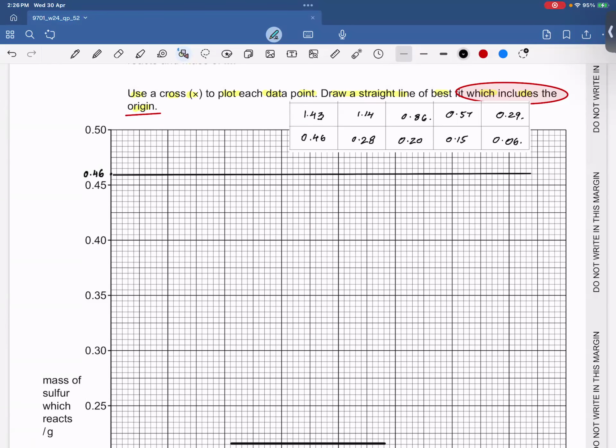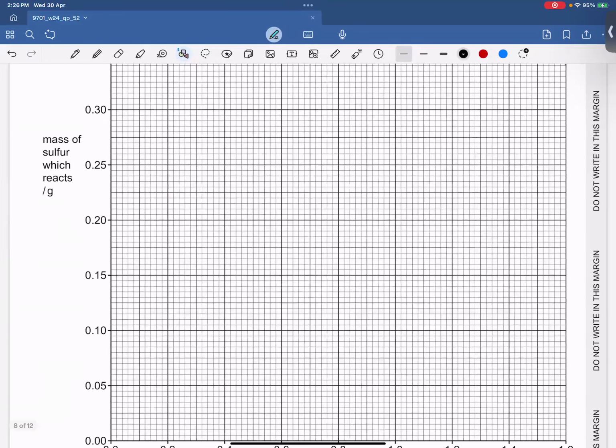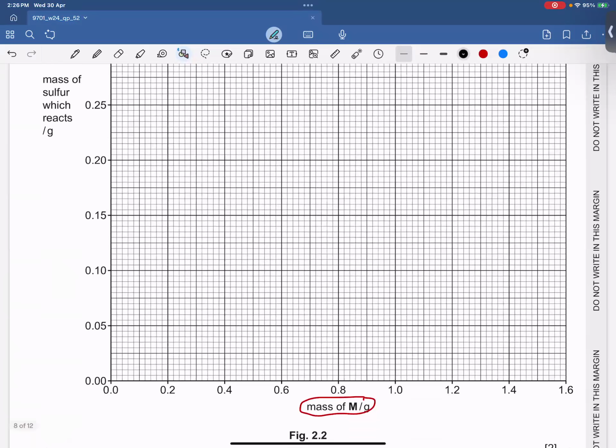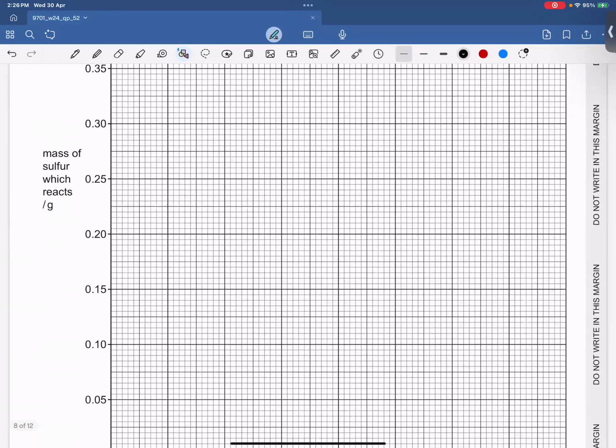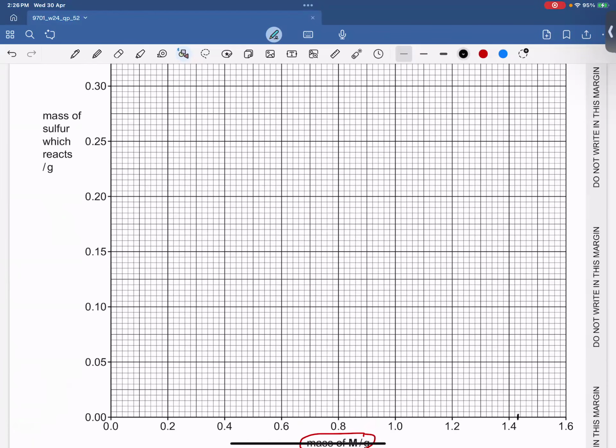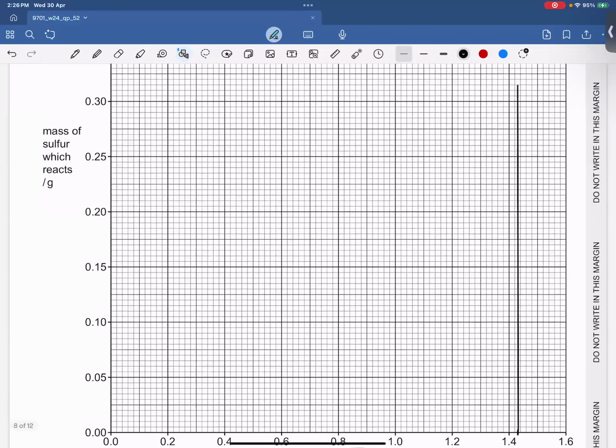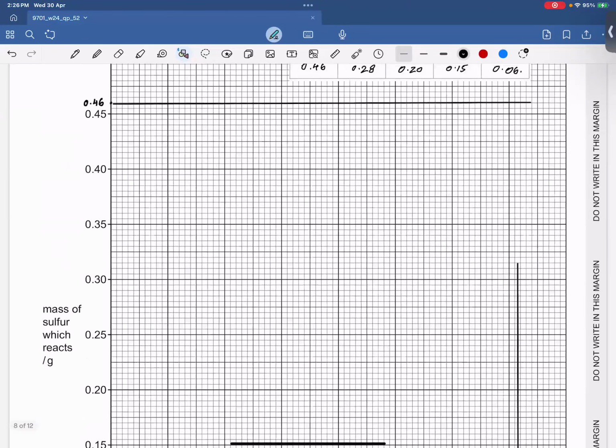So 1.43 is technically going to be here. So the point is going to be like this. This is the point.